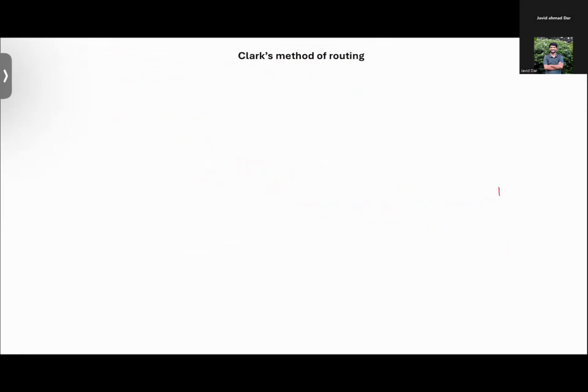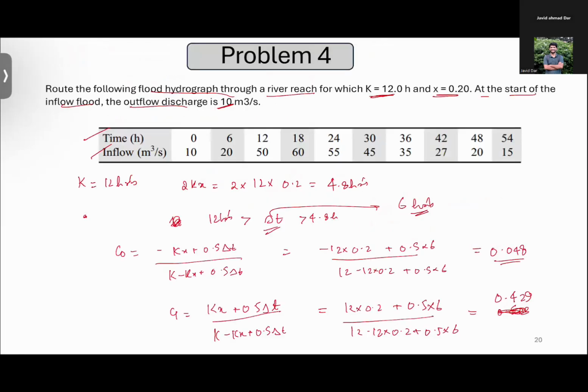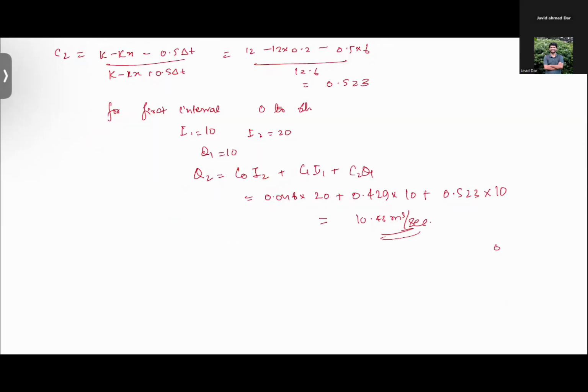If not, then I will give you a bit of a recap of Clark's method of routing. Before that, let me revise this one. So what we did is we first tried to estimate the values of K and X in the Muskingum equation.